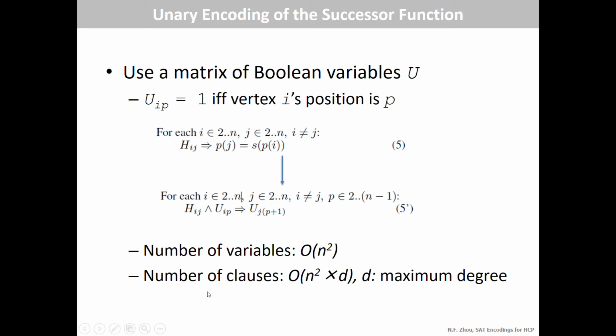For each vertex i, each vertex j, and each position p, if i and j are connected and i is mapped to position p, then j's position is p plus 1. This encoding requires an order-n-squared number of clauses to encode.